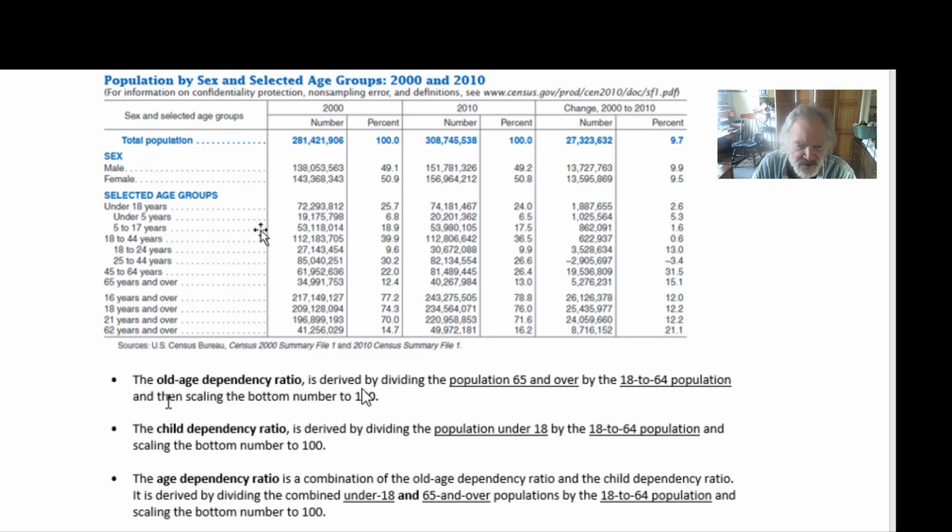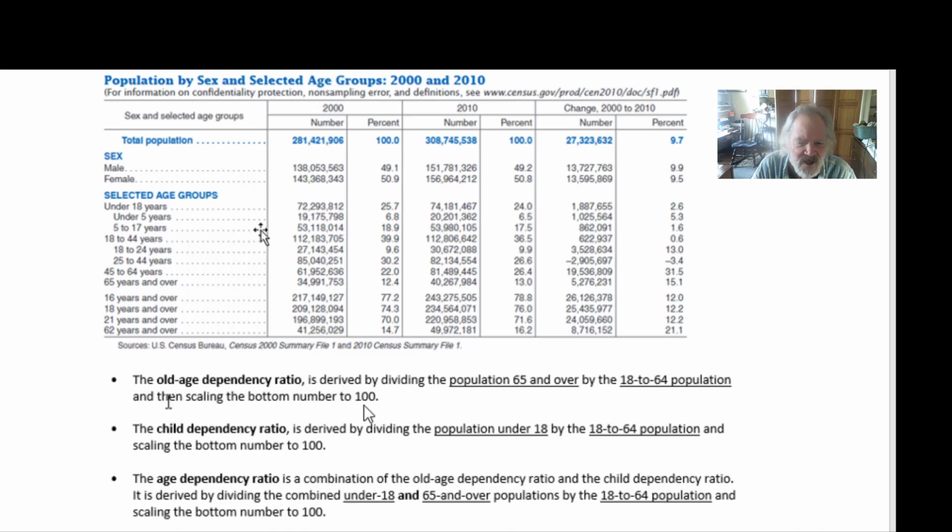And so that tells you out of every 100 people that are in the working group, how many elderly people are there? I'm just going to guess here, but I think for 2000 it was around 19 something.